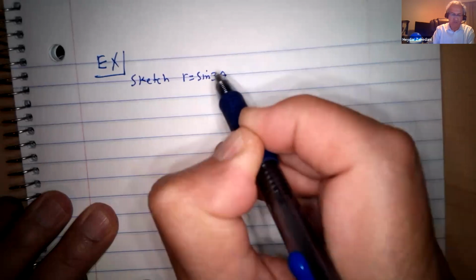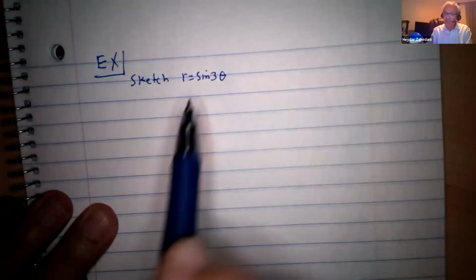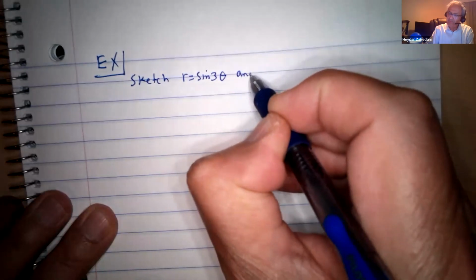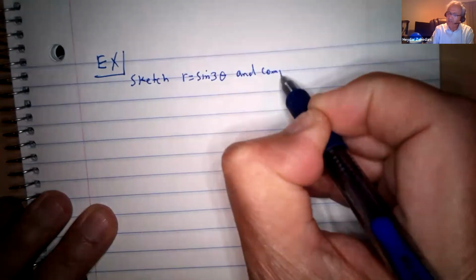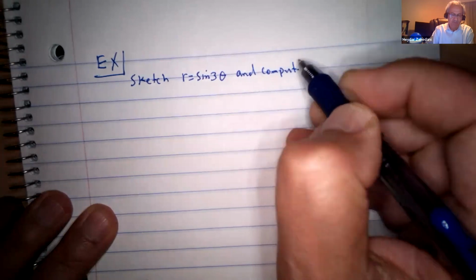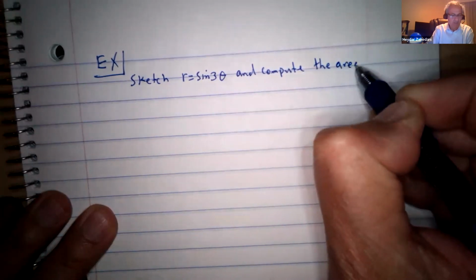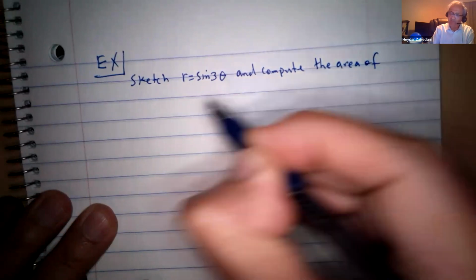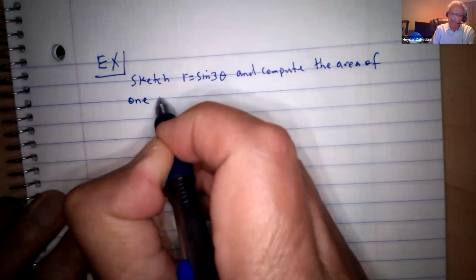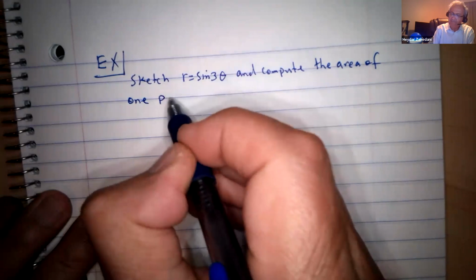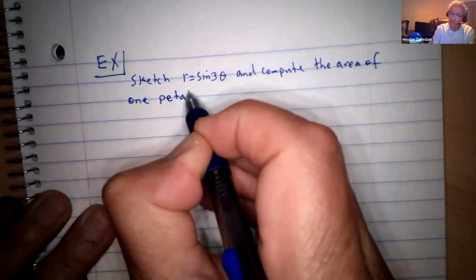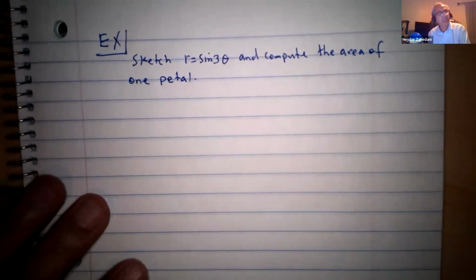You know, there's going to be a rose with 3 petals, and compute the area. The area of one petal. Okay. You must know how to graph this one quickly.